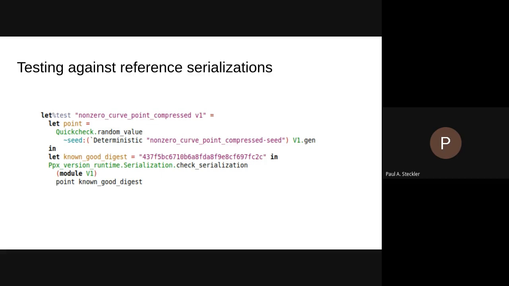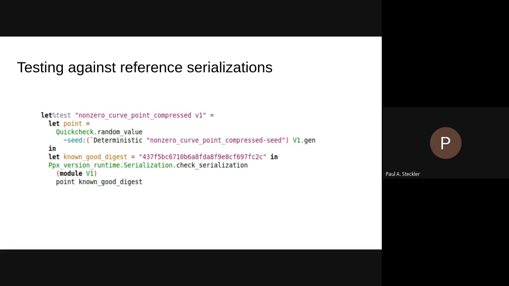And then we take the module where we've asserted the versionedness, in this case V1, and we're going to compare the digest of a fresh serialization against this known good digest.